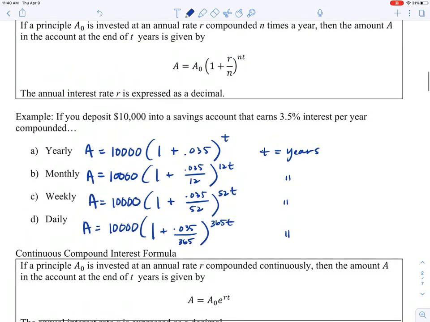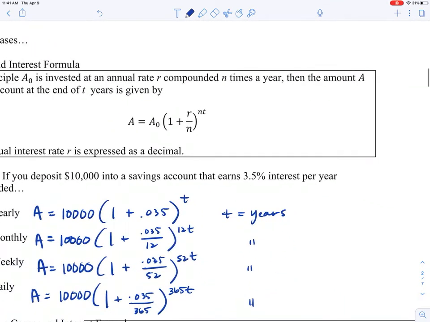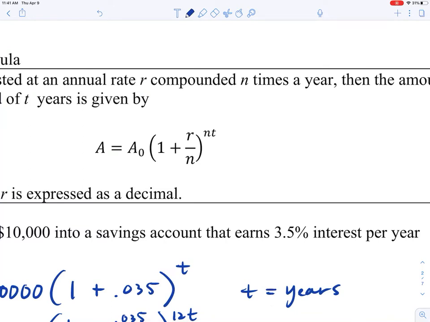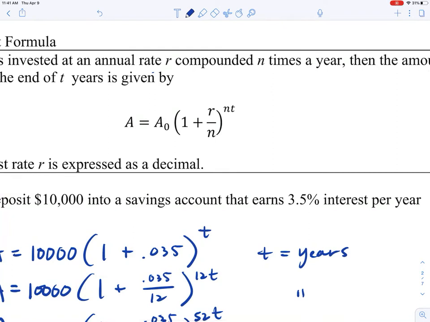And then the next special case is where we think about taking this formula where we're compounding the rate n times per year. In the definition up here we have an annual rate compounded n times per year, but it could really be anything, as long as the units match up with what the rate represents and the unit of time.